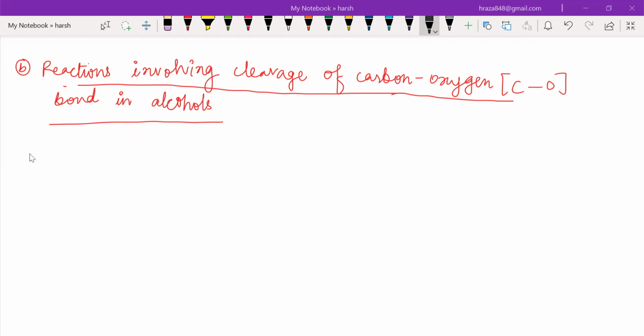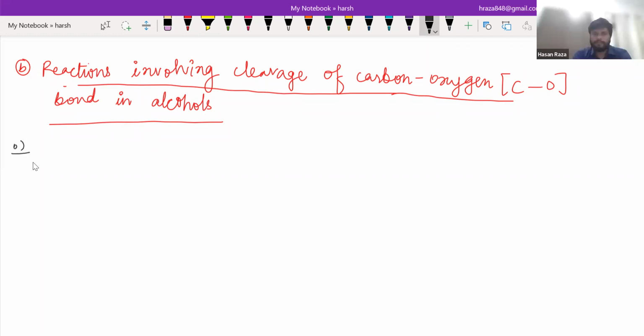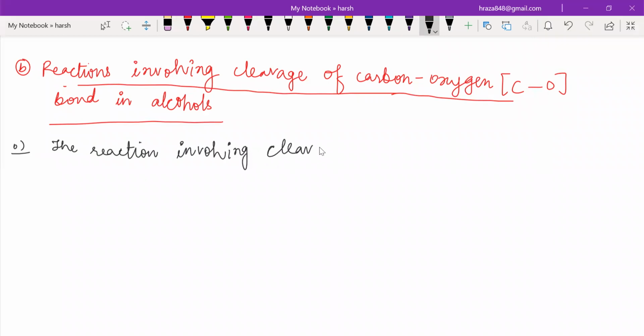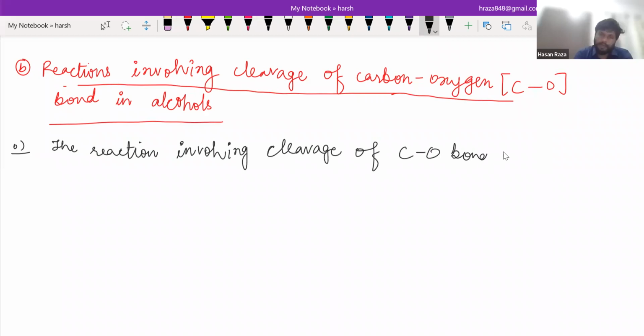Okay. So I'm going to write a point. The cleavage of CO bond only takes place in alcohols. In phenols, the cleavage of CO bond only takes place with zinc. The reactions involving cleavage of CO bond take place only in alcohols.